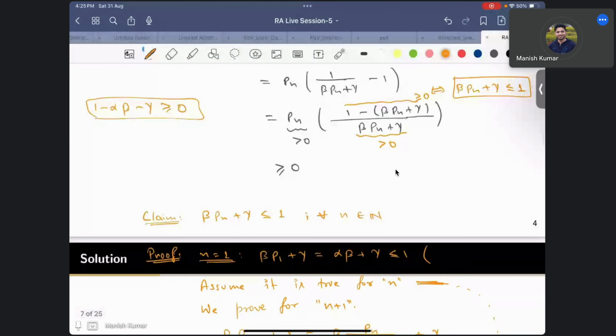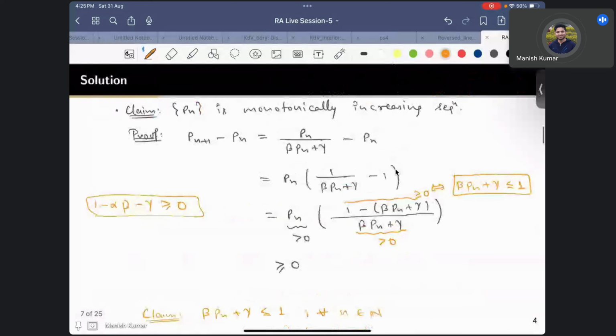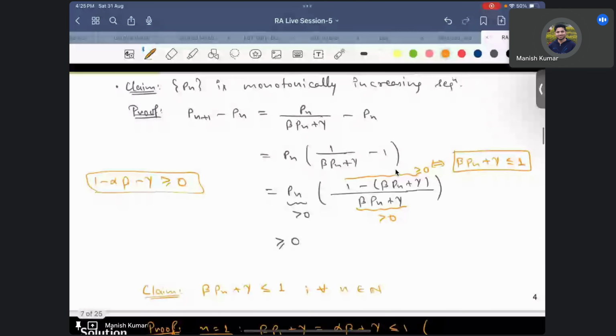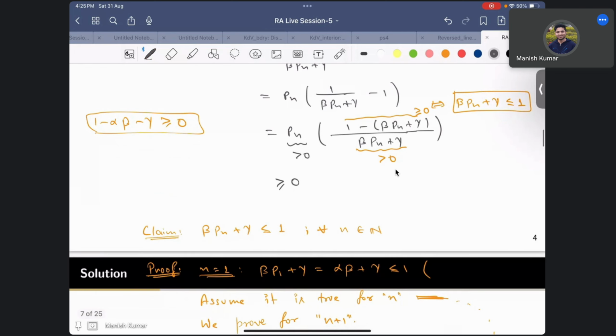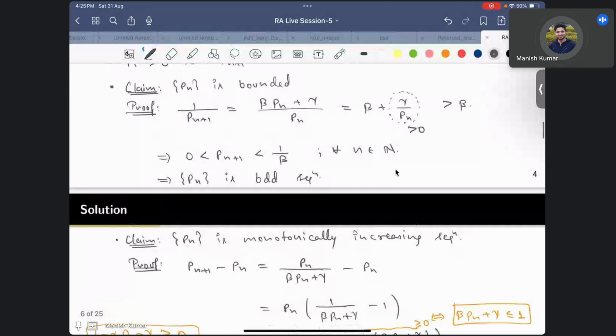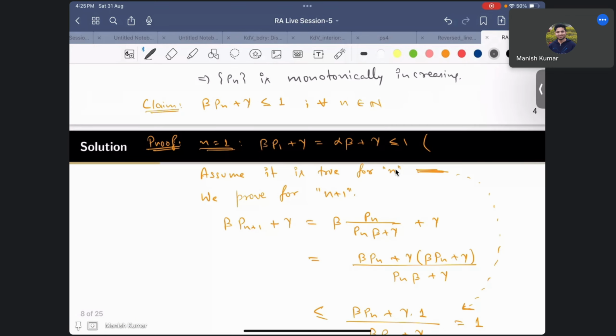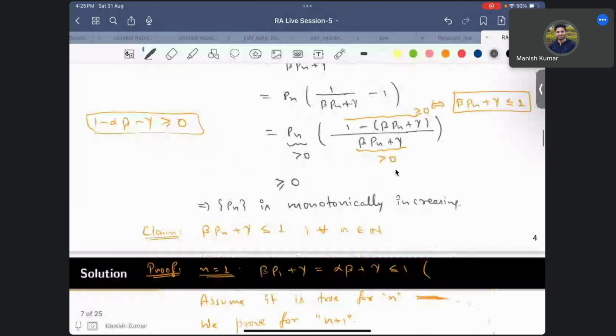So what we have is Pn plus 1 minus Pn is greater than or equal to 0, which implies that the sequence Pn is monotonically increasing. So we have that Pn is bounded and Pn is monotonically increasing, and hence, let me put it in the bracket maybe.